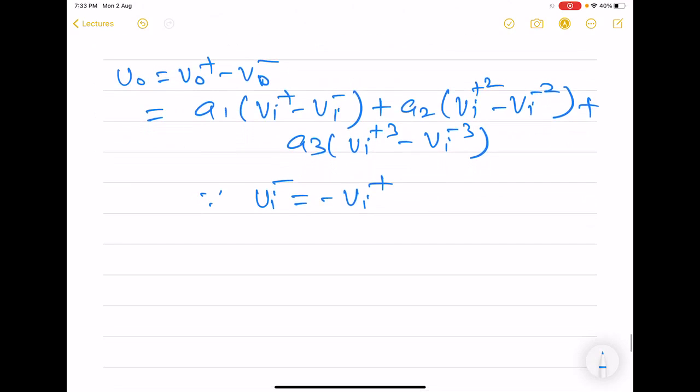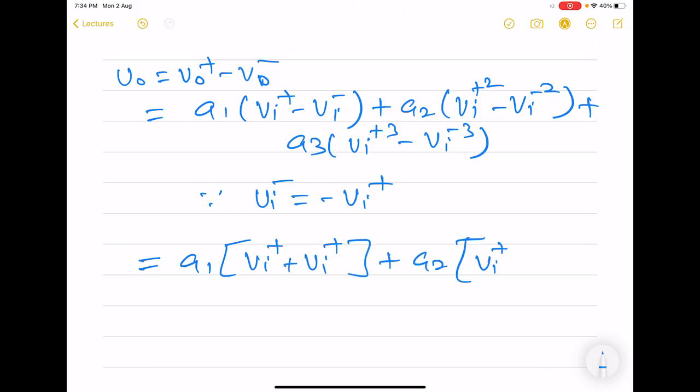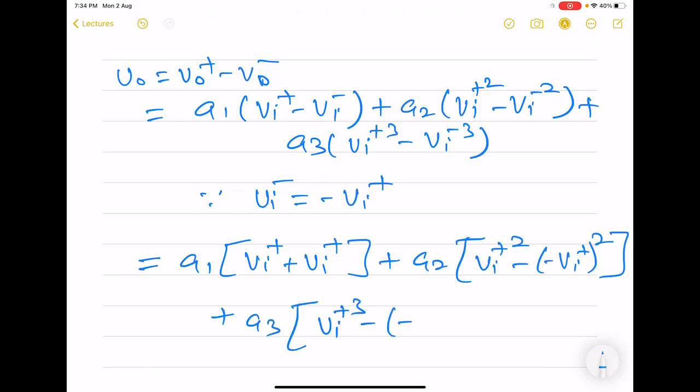When we substitute this, we get A1 (Vi plus plus Vi plus), A2 (Vi plus square minus Vi plus whole square), plus A3 (Vi plus cube plus Vi plus cube).